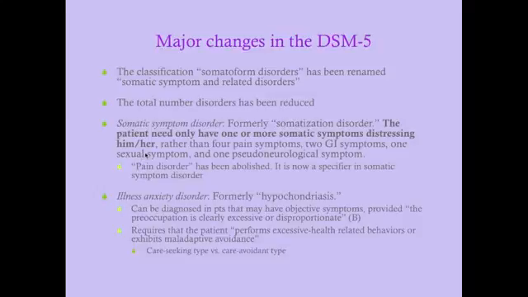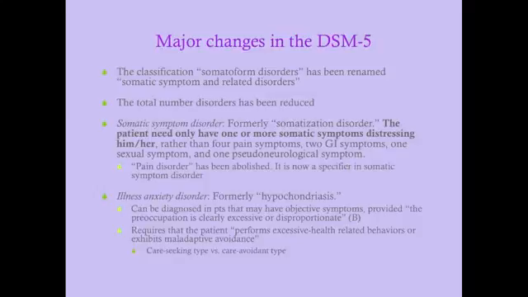Because the USMLE loved to throw at you a patient that looked just like somatization disorder, except if you go down the line, they had 3 pain symptoms, 3 GI symptoms, 1 sexual symptom, and 2 pseudoneurologic symptoms. And because they didn't have the 4 pain symptoms, they only had 3, it was not a somatization disorder, and it would have been something else.